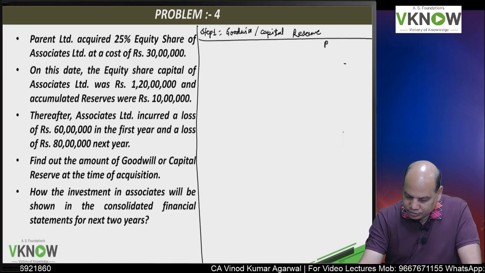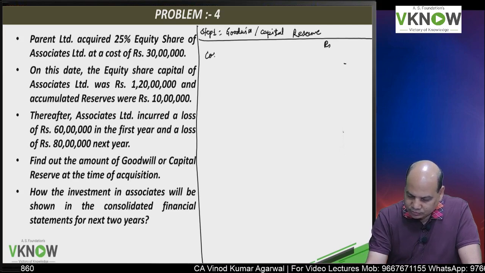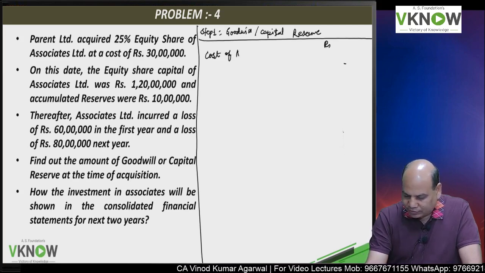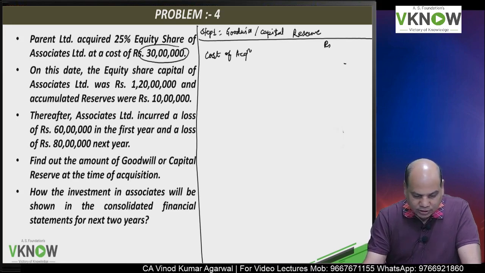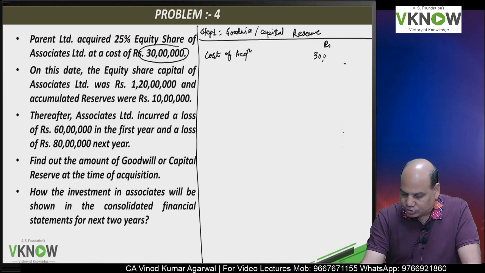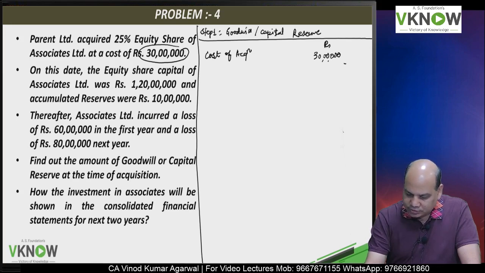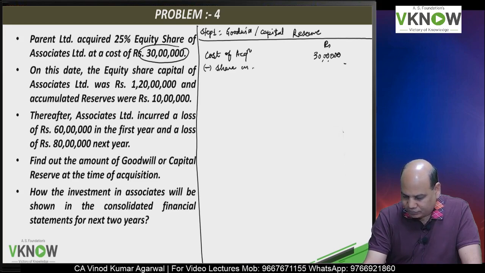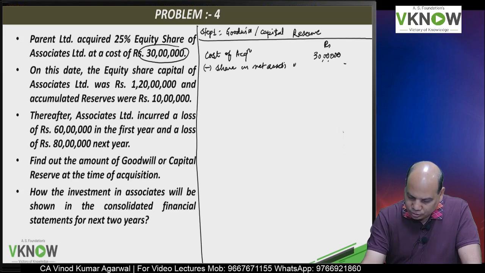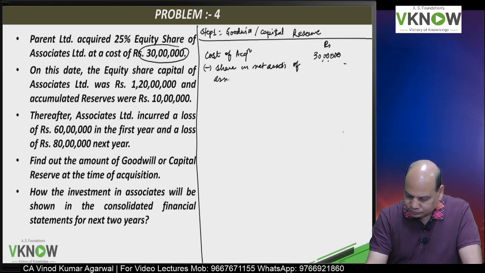Under that we need to write cost of acquisition, which is given in the first line, 30 lakh, less share in net assets of associate.